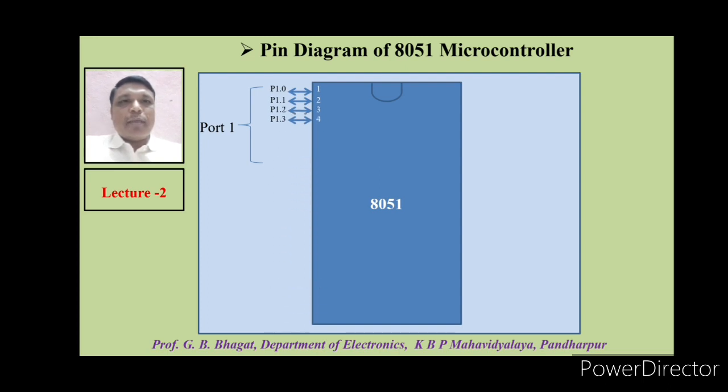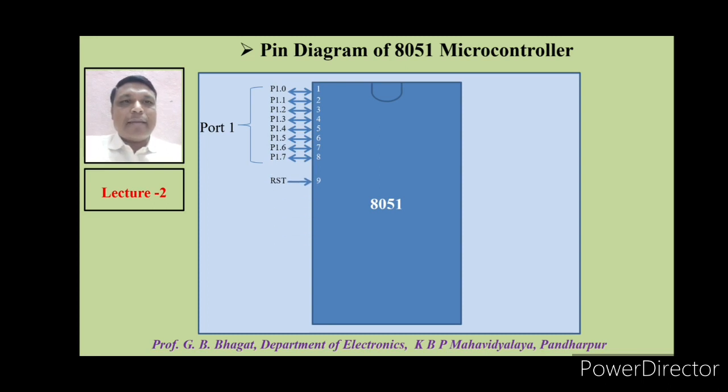P1.0 to P1.7, these are the total 8 pins that are assigned for port 1. Basic function of these 8 pins is to transfer the data parallelly to the output or to receive the data parallelly at the input. The function of this port is simple IO, that is input or output.